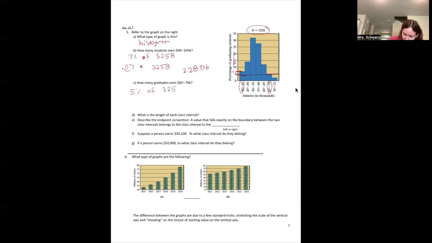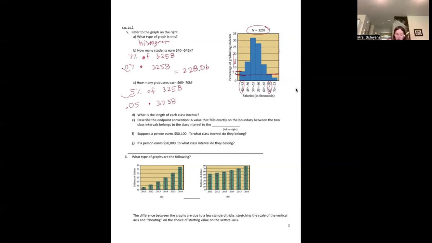So it's 3,258. Like I said, I'm going to turn this to a decimal, so it's 0.05, and the "of" means multiply 3,258.